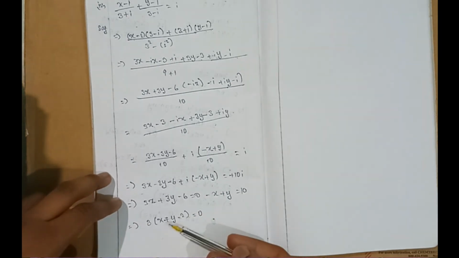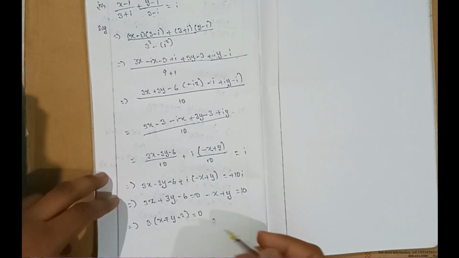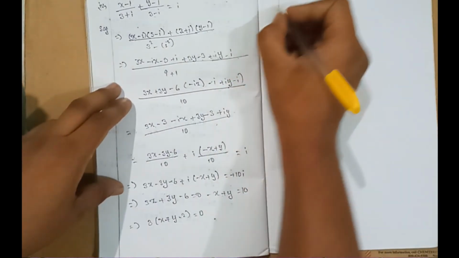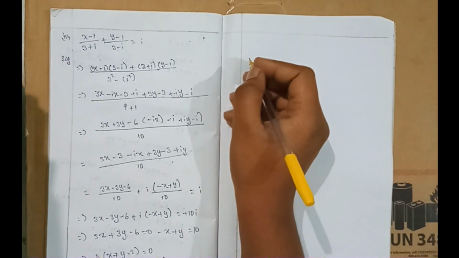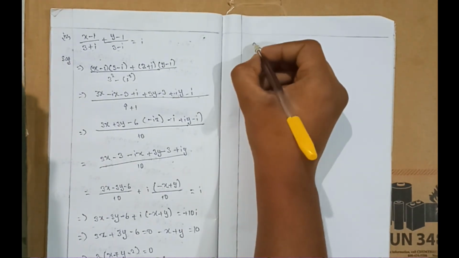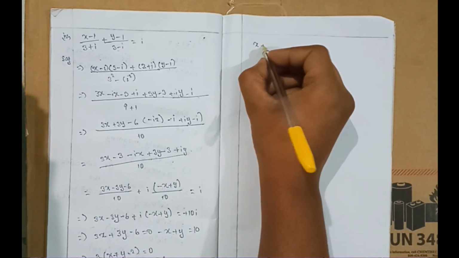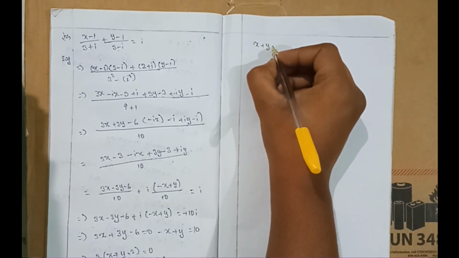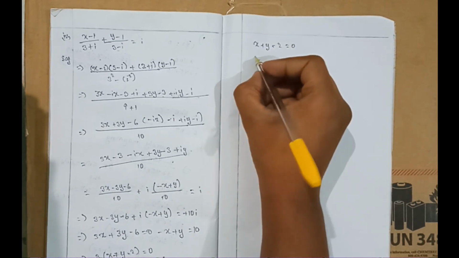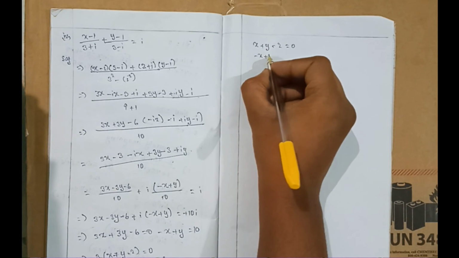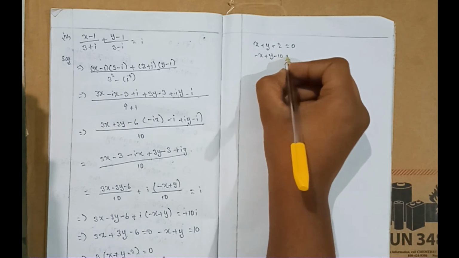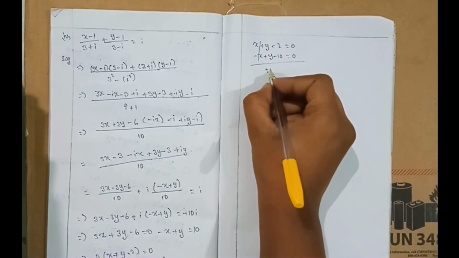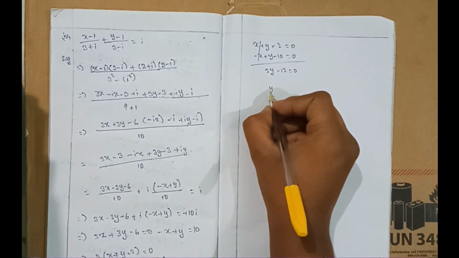So for this equation and this equation, we will get x plus y minus 2 equal to 0 and minus x plus y minus 10 equal to 0. 2y minus 12 equal to 0, y equal to 6.